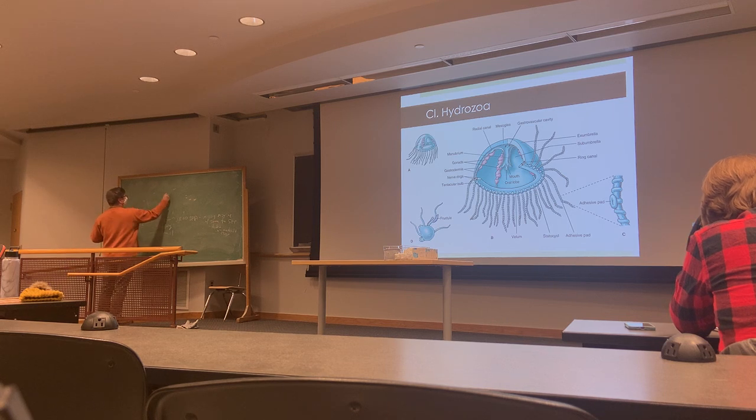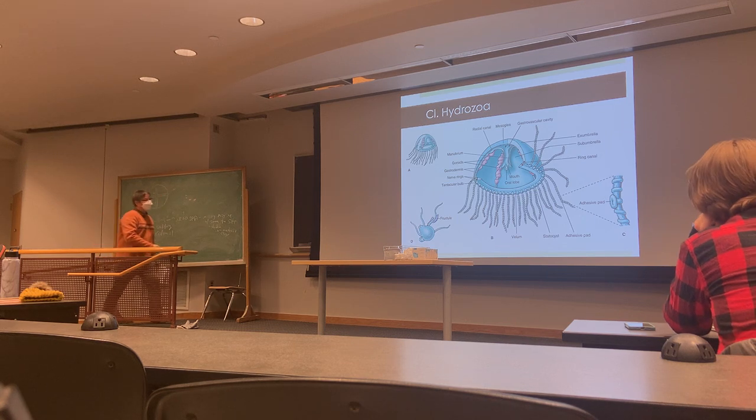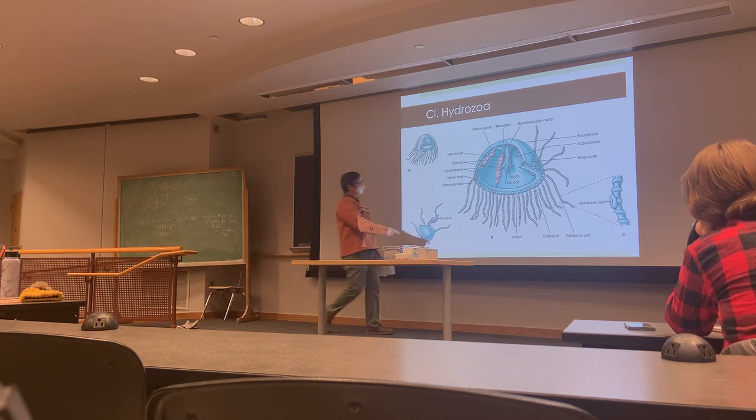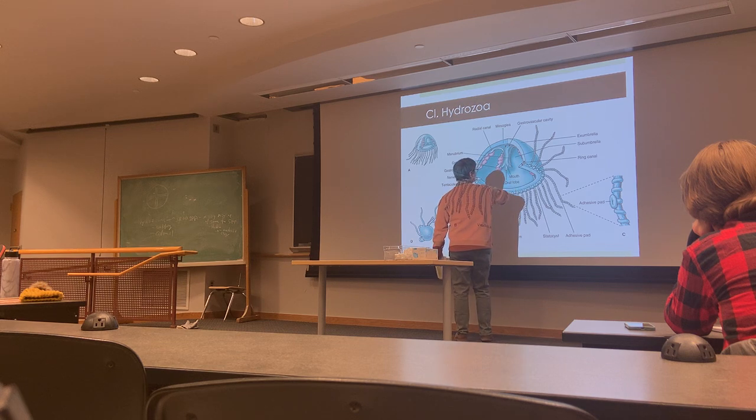If we're going to look at the bell of an individual, imagine the mouth is in the center, the entrance to the gastrovascular cavity. There are canals, typically 4 of them, that lead out along through the bell. See these here, radial canals, and you can see the holes for the others.